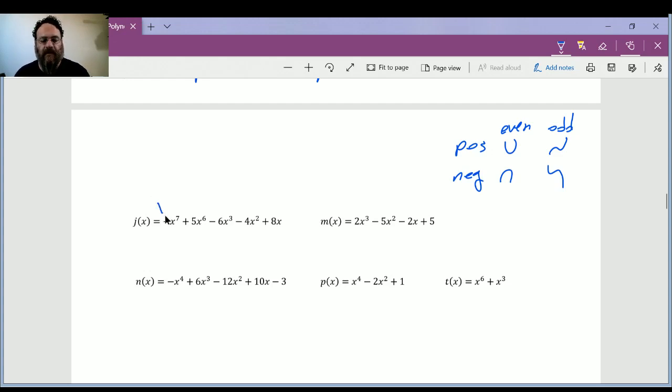This right here is negative. The 7 is odd. Negative, odd. Right, down, left, up.